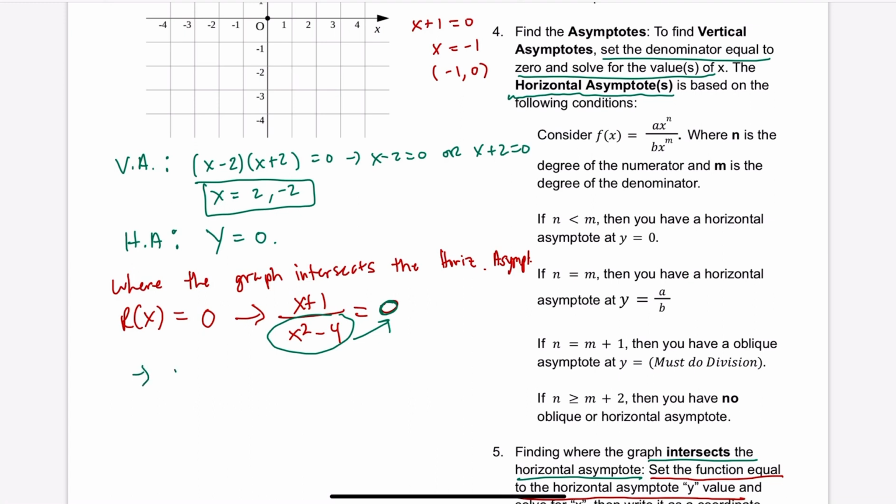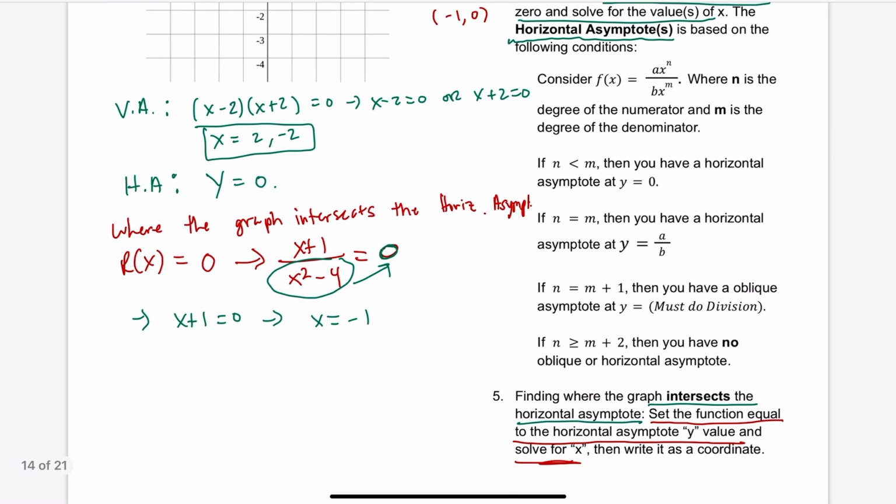So ultimately, you end up with x plus 1 equals 0. So if you simplify that, that's just x equals negative 1. But again, it said write it as a coordinate. So then that means that we have negative 1 comma 0. So this is the coordinate that I was talking about.